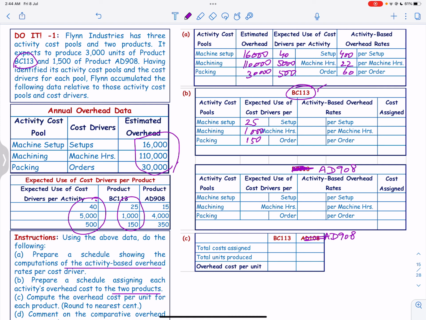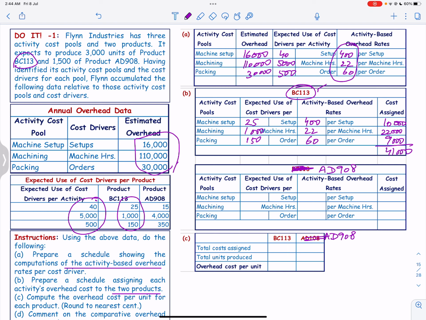And the activity based overhead rates we have calculated just now: 400 per setup, 22 per machine hour, and 60 per order. And now we are going to multiply, and we will be getting cost assigned as 10,000, 22,000, and 9,000. So the total is 41,000.